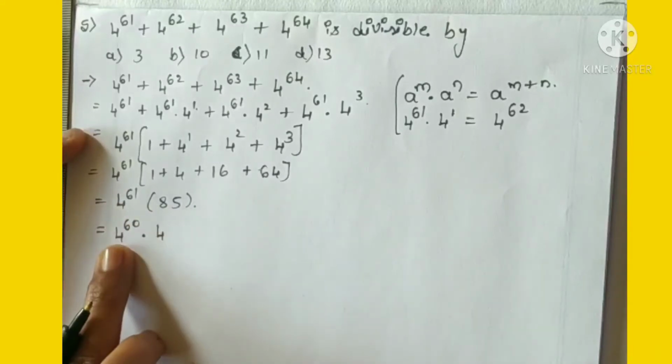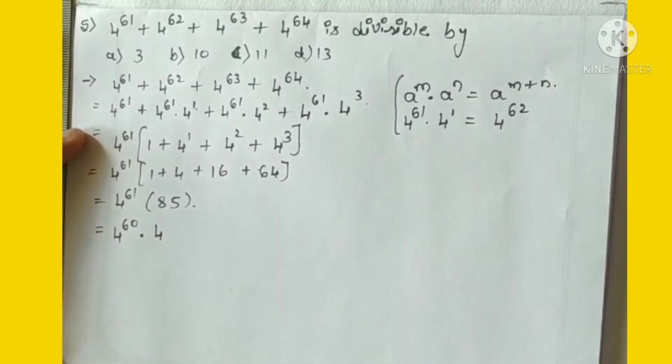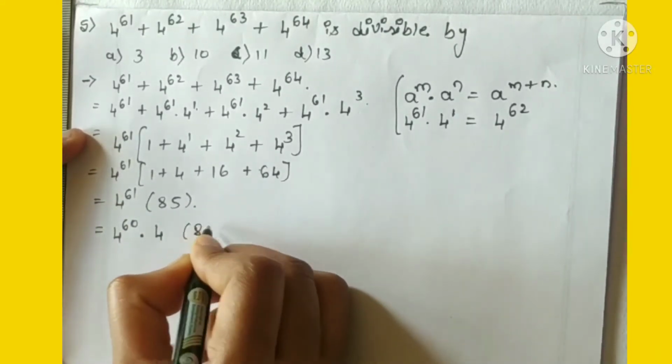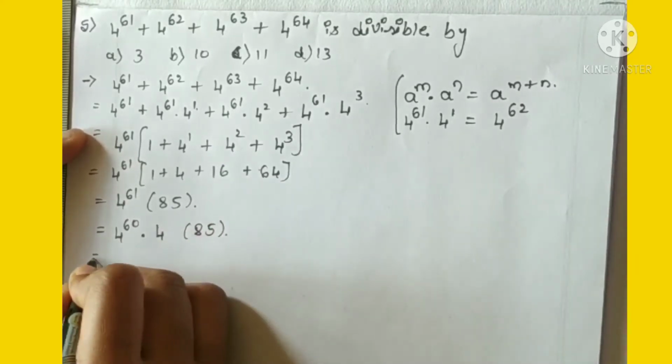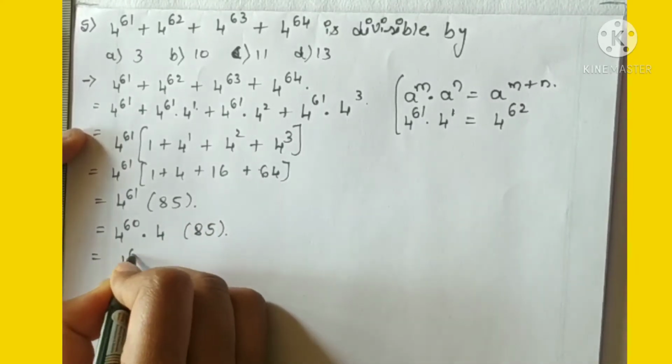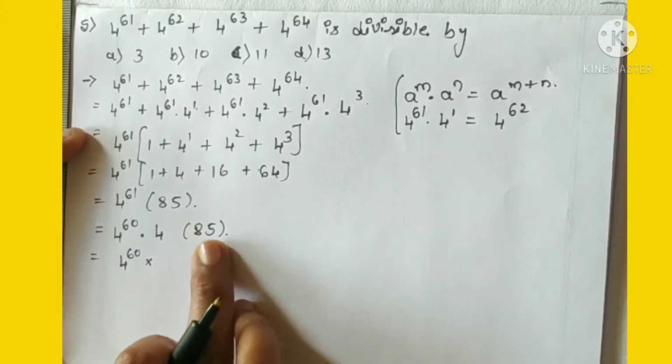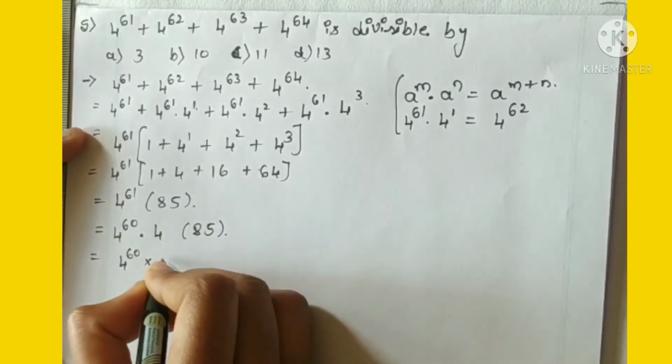We just apply this rule here into 85. Then 4 to the power of 60 is written as it is, and 85 into 4 is 340.